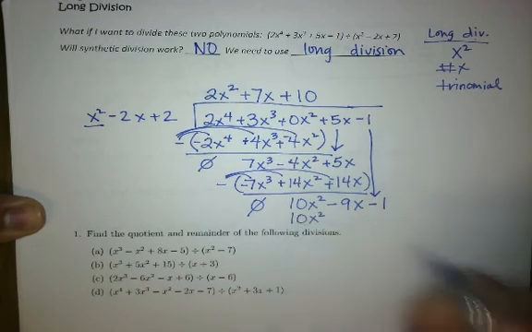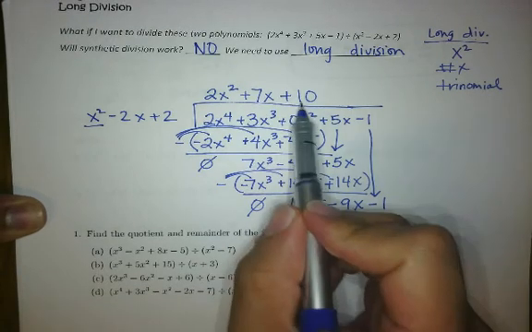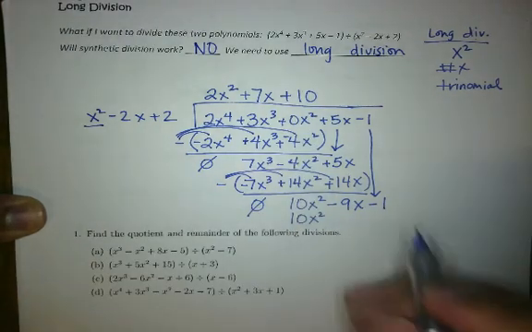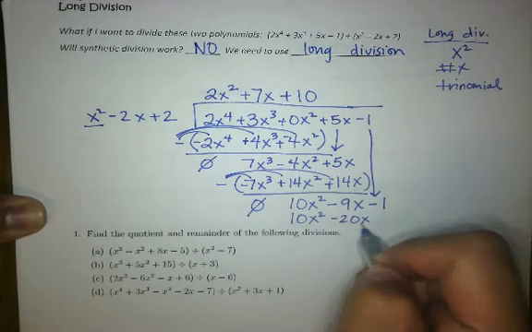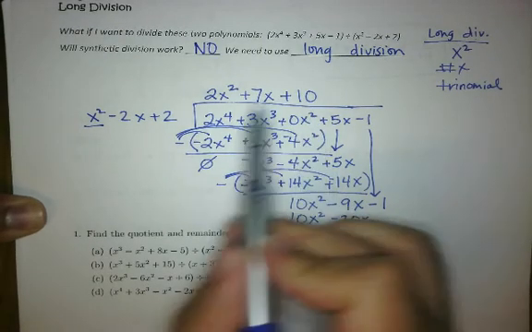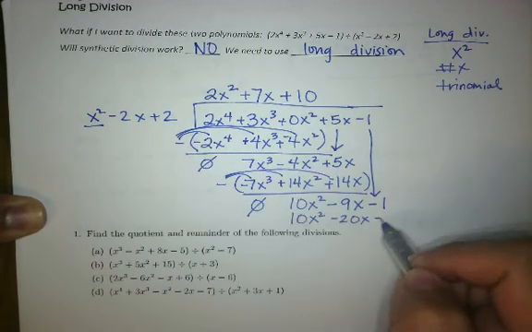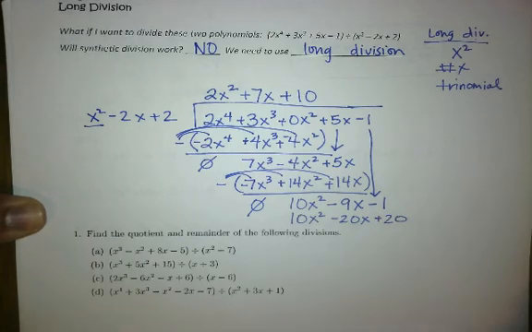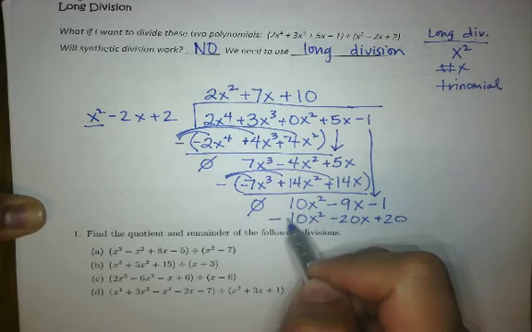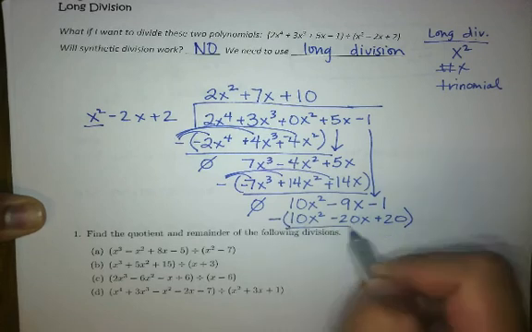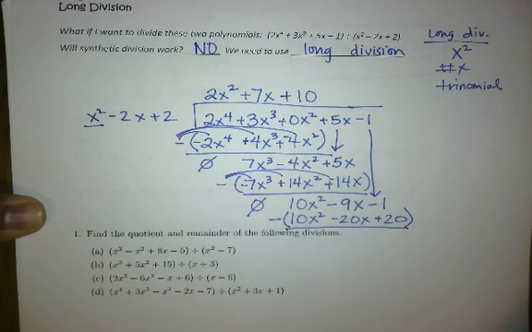So 10 times x squared gives us 10x squared. 10 times negative 2x gives us negative 20x. 10 times 2 gives us 20. So now we're going to do this minus that.